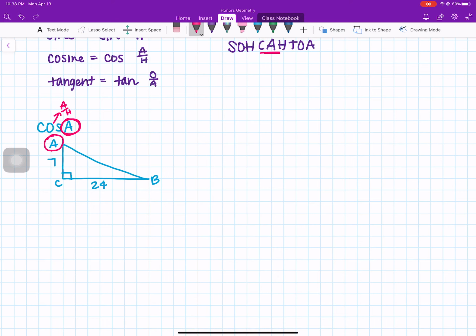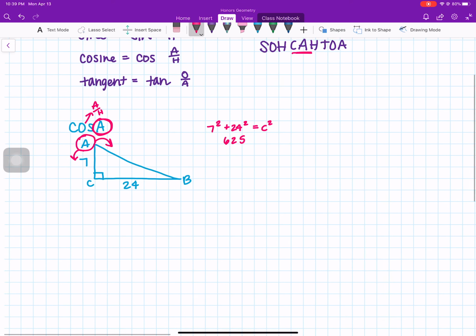The adjacent side to angle A would be 7, and the hypotenuse would be over here, but I don't actually know the hypotenuse, so I have to do a little bit of work. I have to do the Pythagorean theorem. 7 squared plus 24 squared equals c squared. 7 squared plus 24 squared is 625 after you do the math.